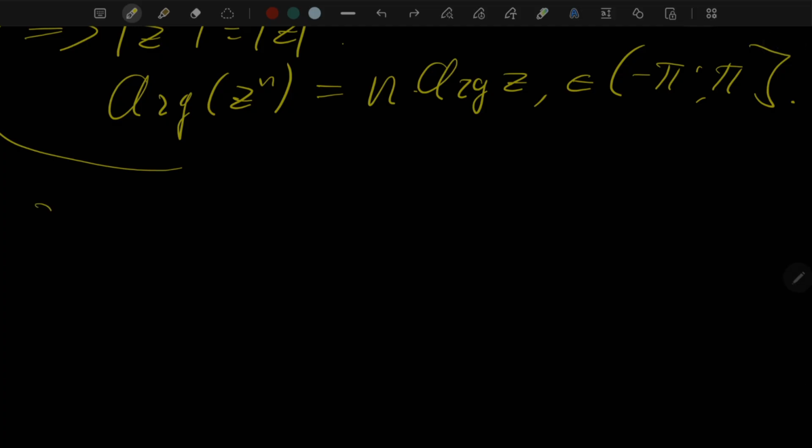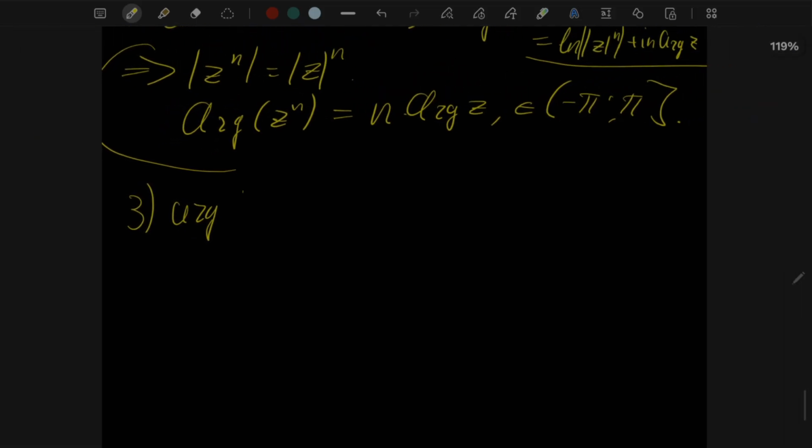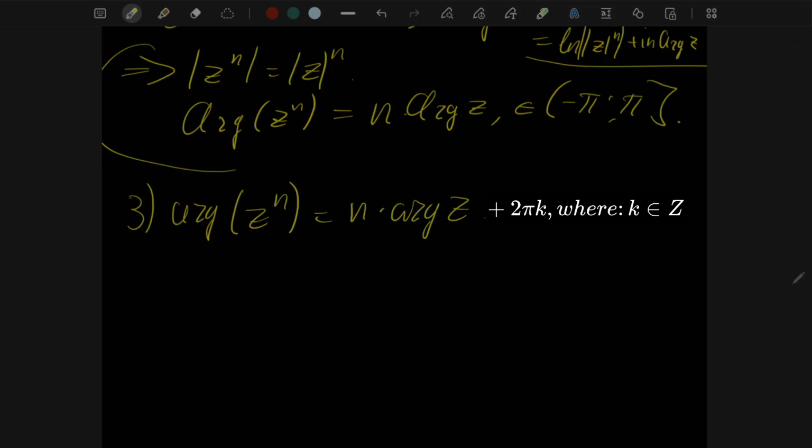So the third property is the argument of z to the power of n is equal to n times the argument of z. Of course, we can just add plus 2 pi n, and basically it is this. So the proof is already shown.